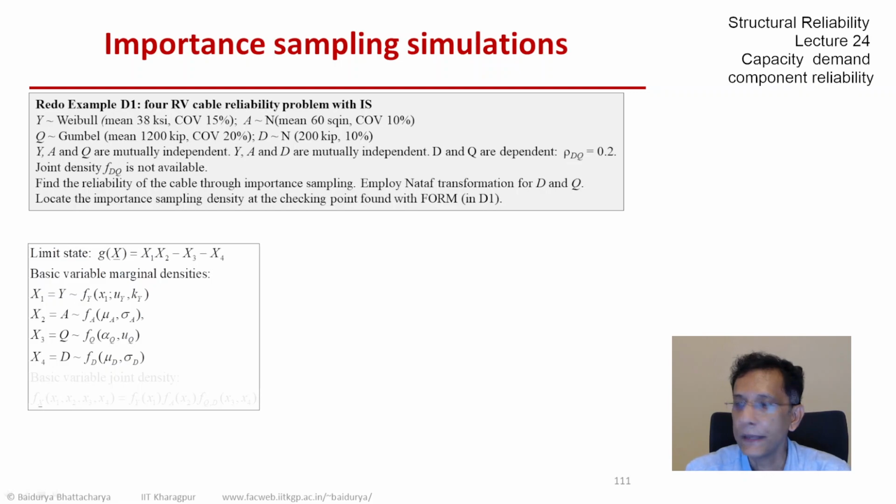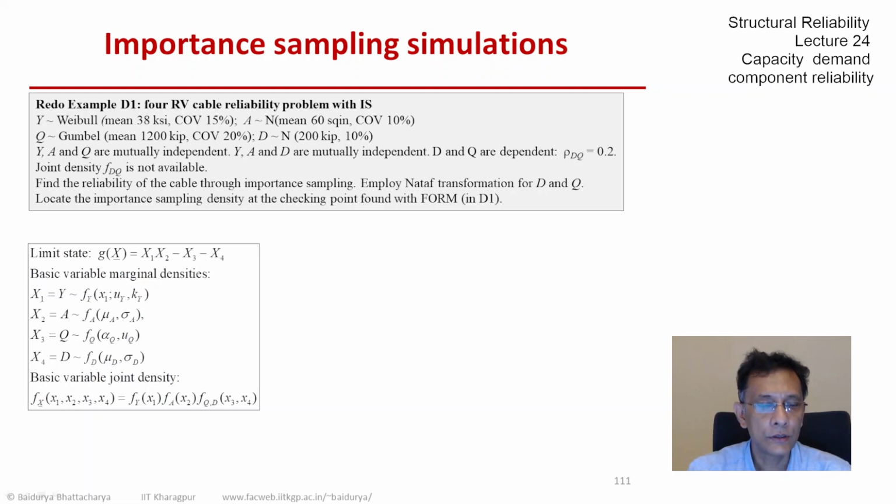The basic variable joint density function fx is based on the information given. It's the marginal density of y times the marginal density of a times the joint density of q and d. And these are evaluated at x1, x2, and x3, x4 respectively.